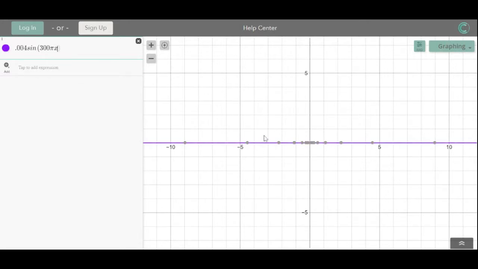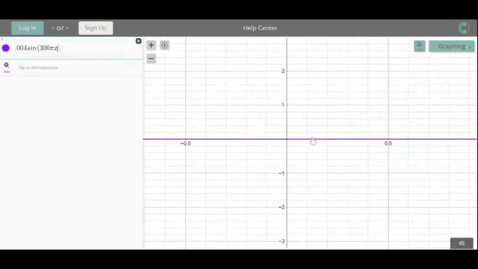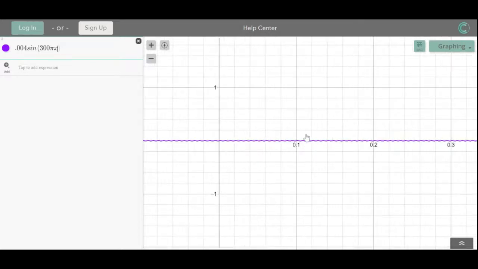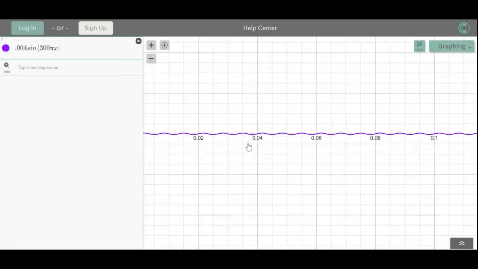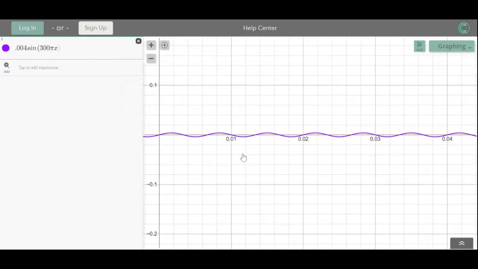All right, so let's try to zoom in here. It's going to be a pretty small graph. Yeah, it's a pretty small graph. So the graph that they showed us was 0.04 in x, so it looks something like this.